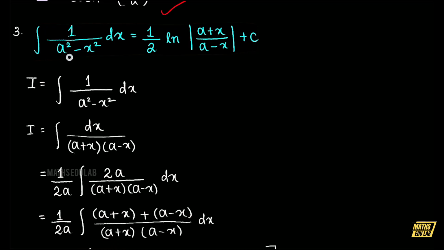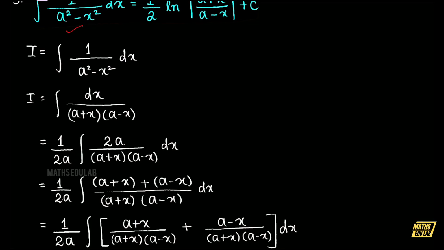Now again I have to consider the left hand side value as I. So after considering here, I have taken a minus x and a plus x, which is nothing but a square minus x square only. So I have written this a square minus x square as a plus x times a minus x.